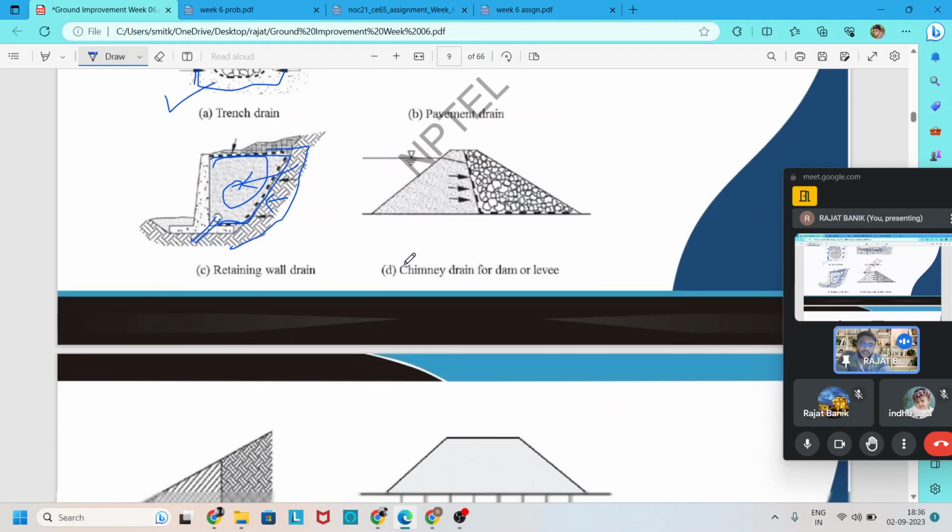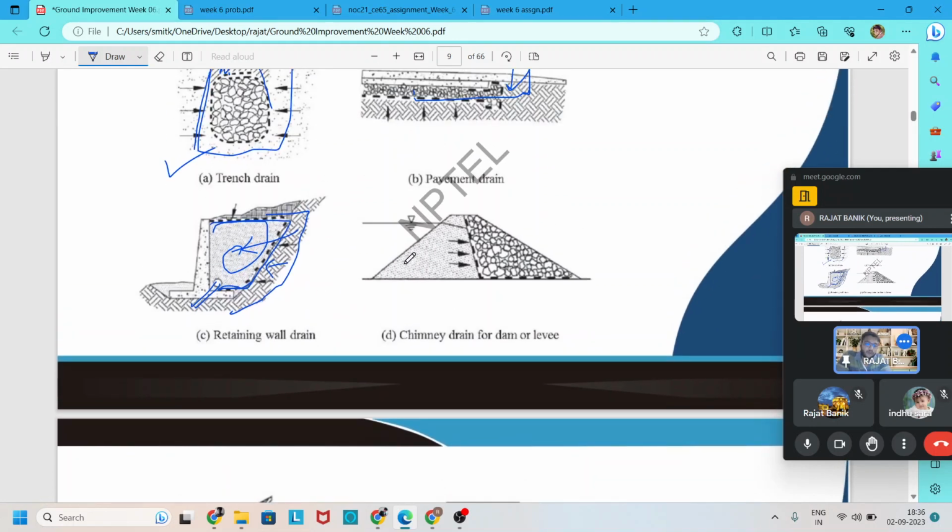Another one is chimney drain for dam or levee. In chimney drain, you can see it is applied in a dam. One drainage material, or we can say geosynthetic material, is applied, and by this geosynthetic material, this arrangement is happening.